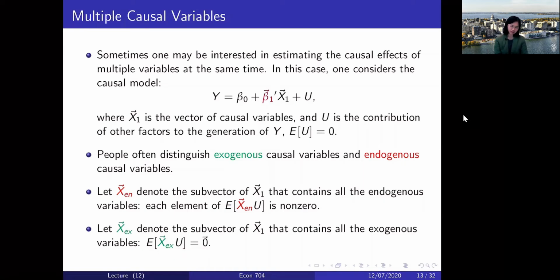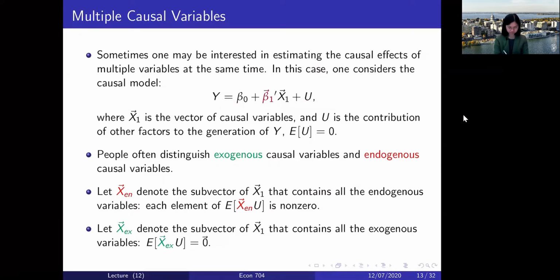So literally, exogenous means generated from outside of this causal model. The exogenous variables are generated from factors not in this model, and therefore we argue that they are not correlated with U, which includes the factors in this generation process of Y. On the other hand, endogenous variables may be generated also according to some of the factors in the Y model.